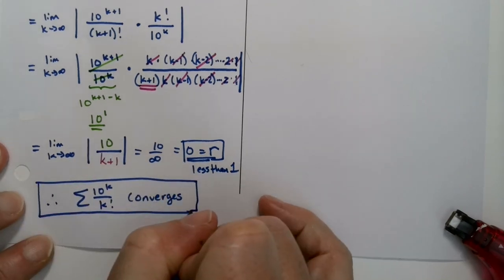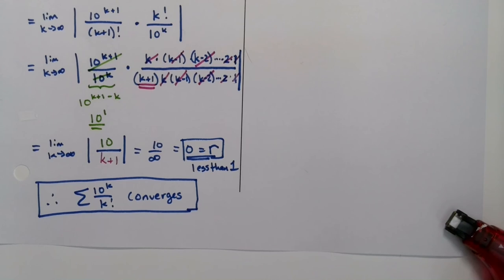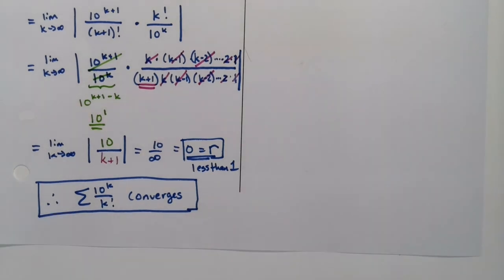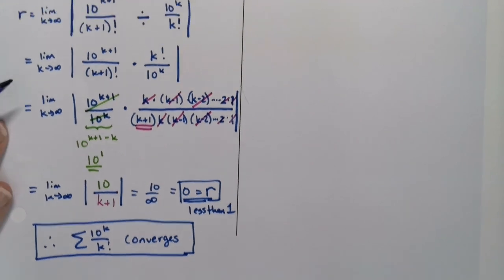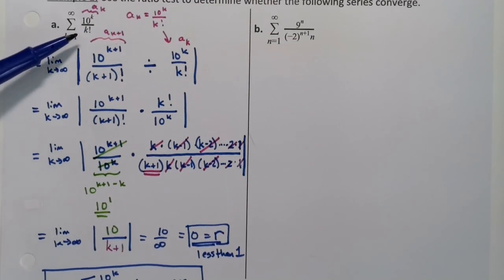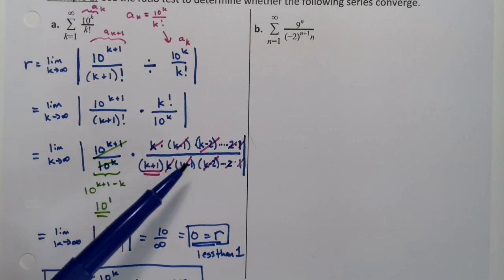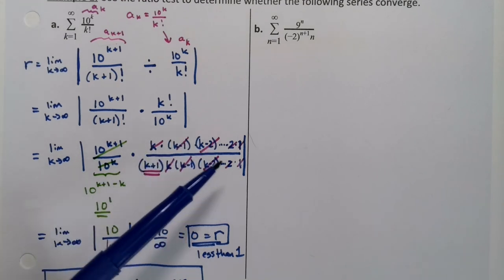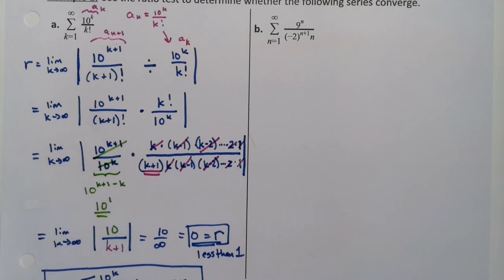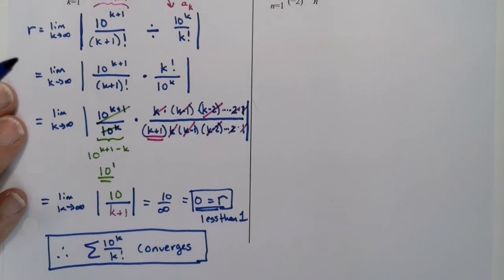So you can just say converges. Absolute convergence implies convergence. The ratio test is really useful for factorials because factorials don't have easy ways to work with integrals and other things. But this piece right here, where everything cancels except for just one piece left over, that's very nice. And that happens a lot with factorials.